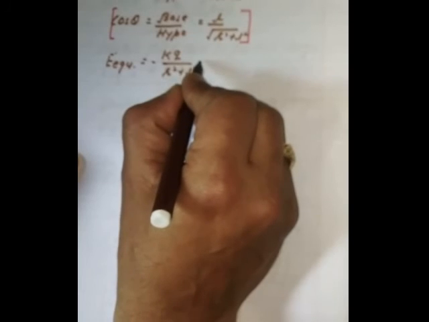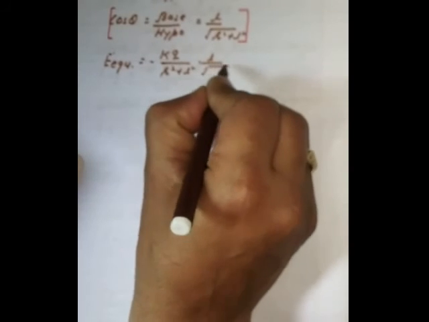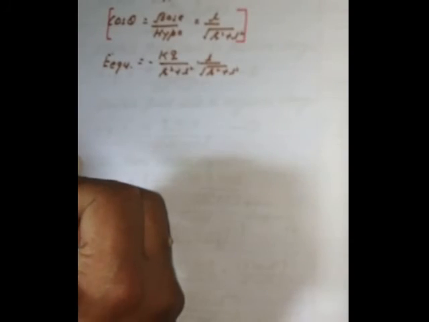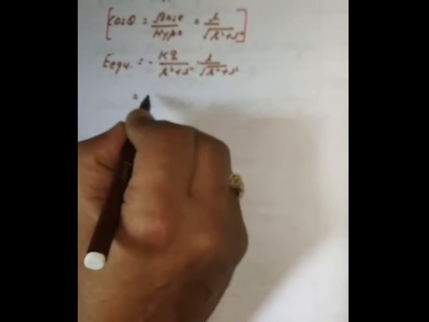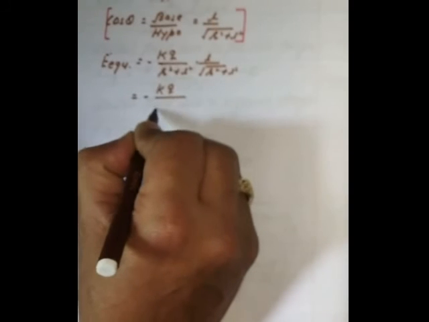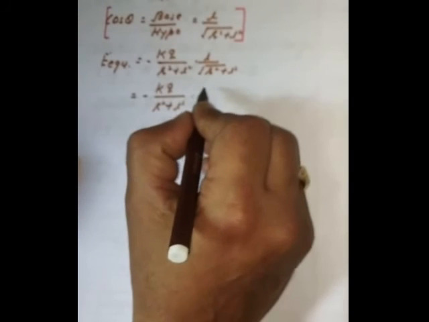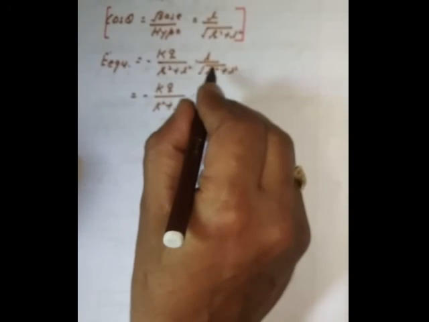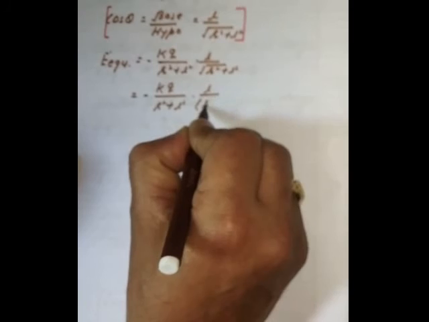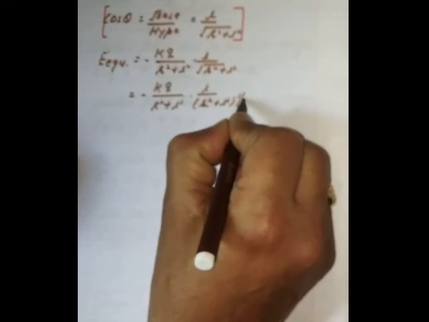In place of cos theta we can put L upon under root r square plus L square, equals negative of kq upon r square plus L square, L upon, we can remove this root sign, so it will become r square plus L square to the power 1 by 2.